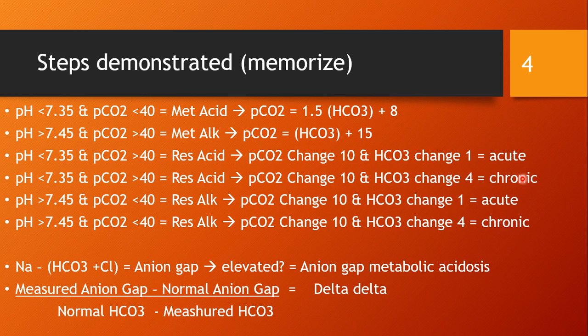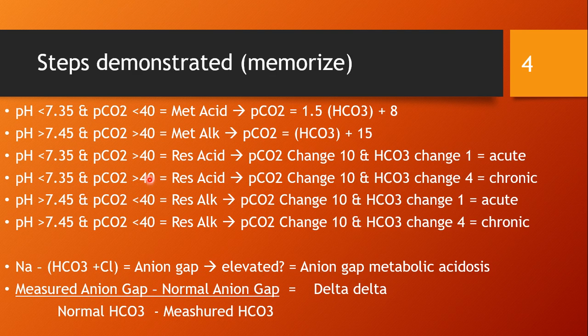What do I mean by chronic? It means that the person has had a respiratory acidosis for so long that their kidneys have finally kicked in, and you have some metabolic compensation. Their kidneys have kicked in, and they're altering the amount of HCO3 in the body because this is elevated more than one ratio. Now this doesn't have to be just one level.